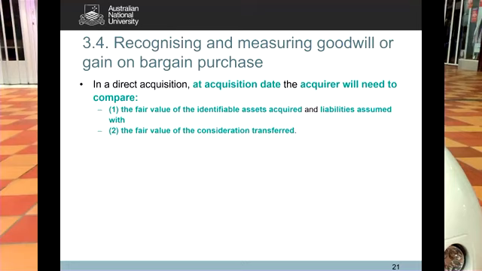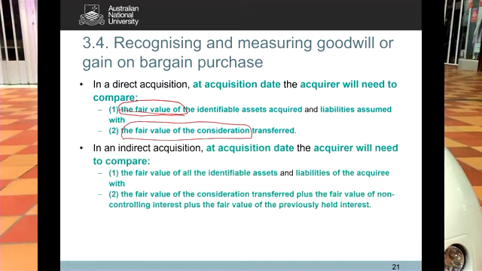Because in the acquisition, the acquirer will compare two things: the fair value of whatever they acquired and the fair value of the consideration transferred. Remember, whether it's direct or indirect, we always compare the two things.